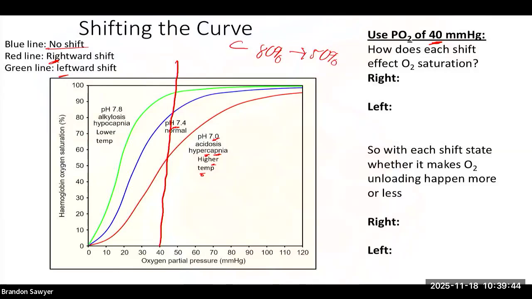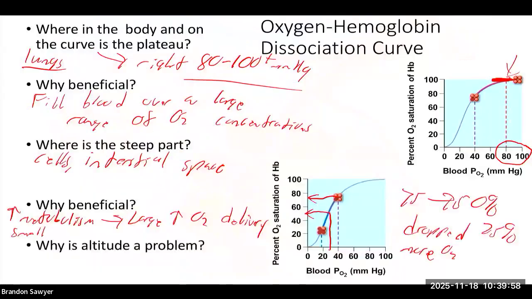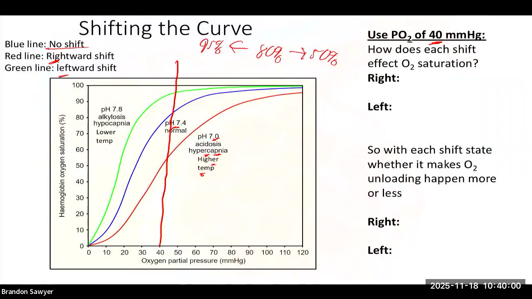If we're shifting to the left, then we're up close to 95-ish percent, right? And so obviously that rightward shift is going to decrease O2 saturation. The leftward shift is going to increase oxygen saturation, right?